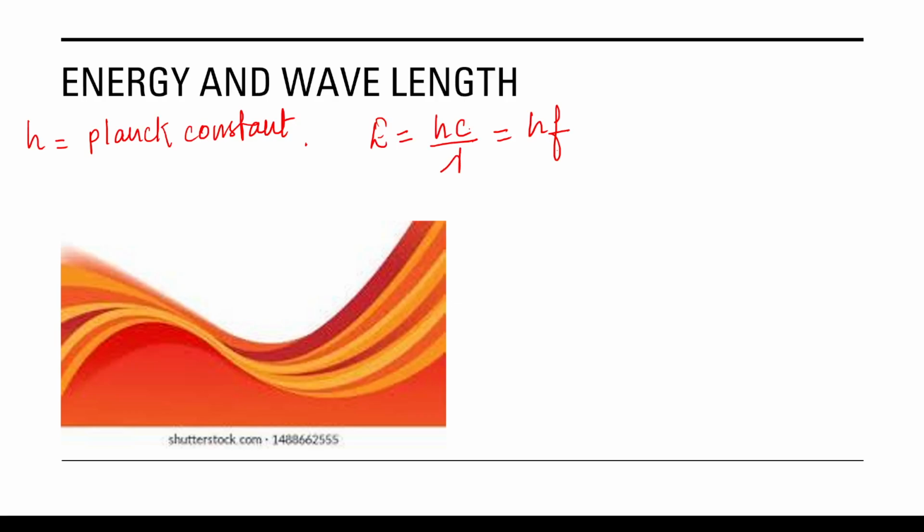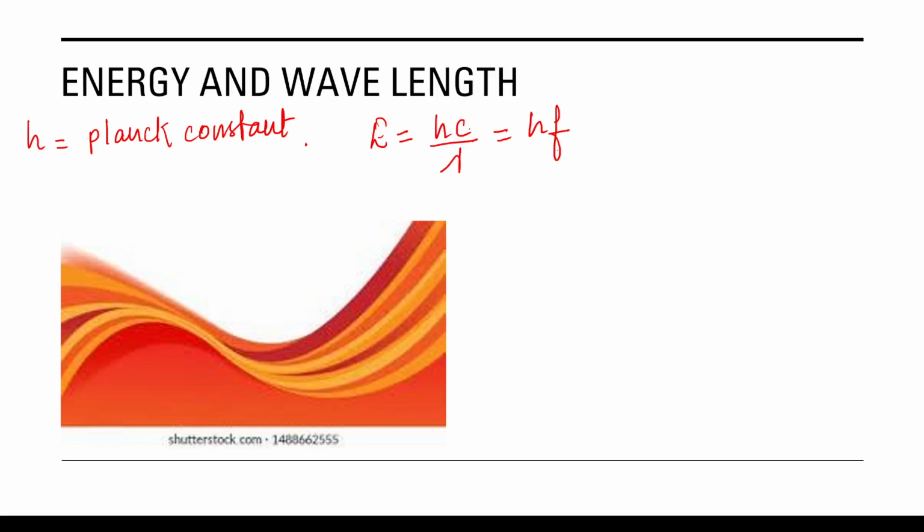So the value of the Planck constant can be expressed in different units. As you can see, E is on the left hand side, so E is energy. It can be in joules, because joules is a unit of energy. Today I'll also tell you that you can calculate energy in electron volts.